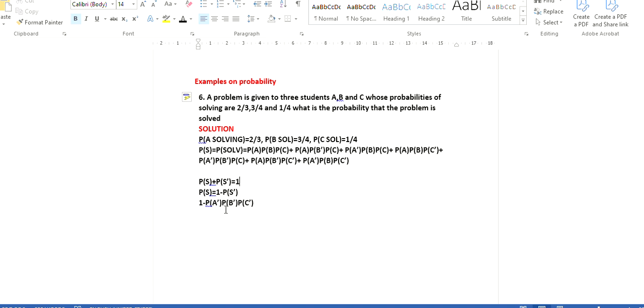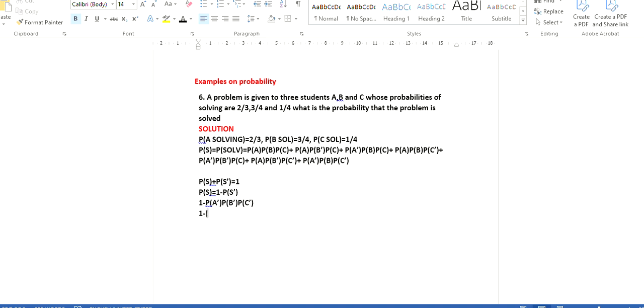Problem not solved is the probability of complement of A, B and C. This is the problem not solved. So if the problem solved is A, B and C, then problem not solved is complement of A, B and C. After writing this, you have to just substitute the values. So that is 1 minus, what is the probability of A?